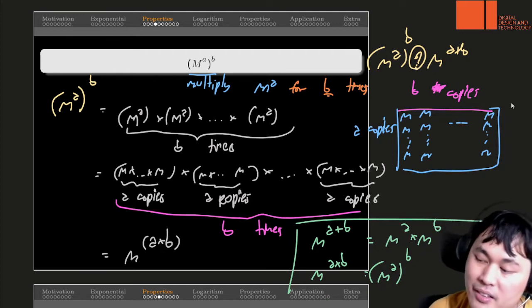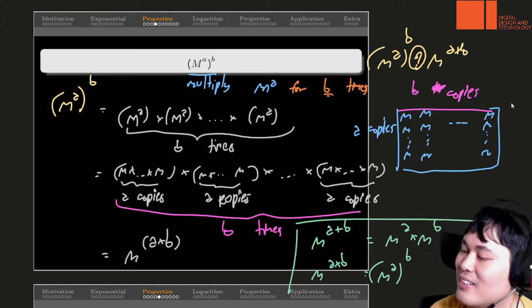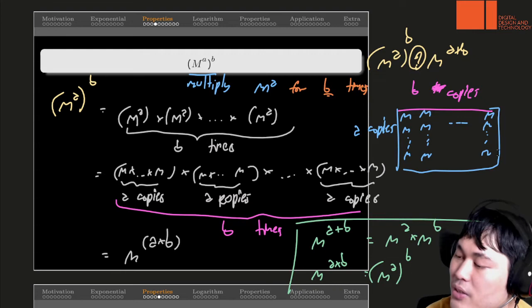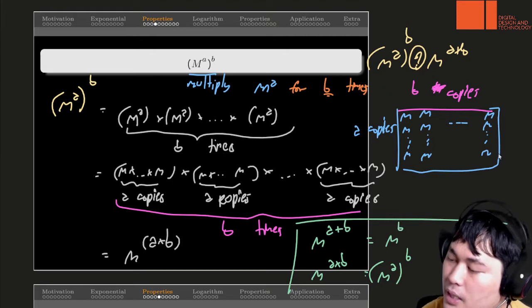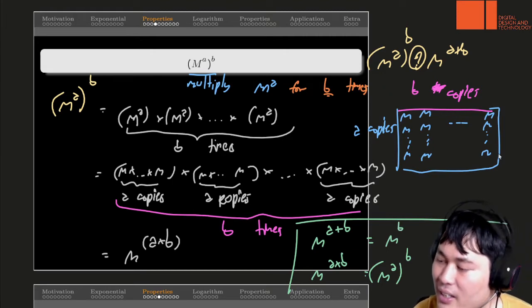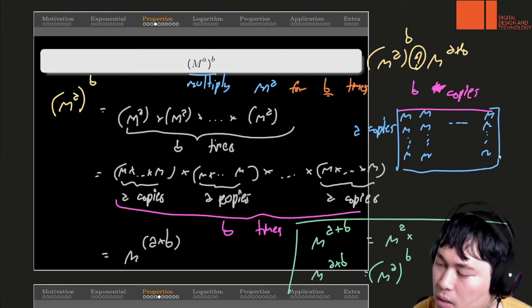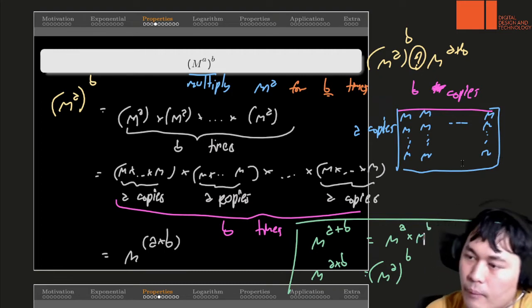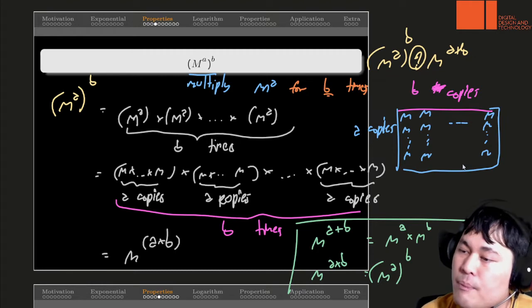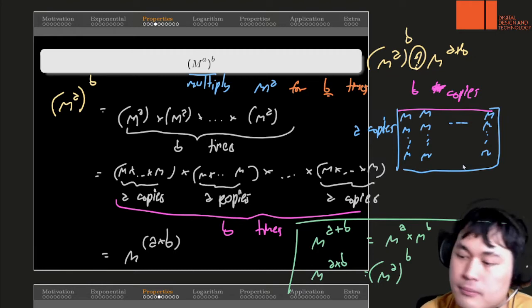These two mean totally different things, so be sure that you don't use one instead of the other. Okay, so that's the third property.